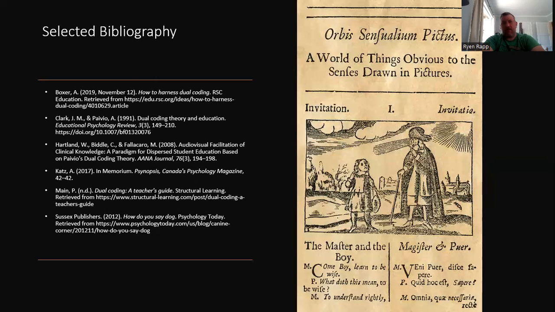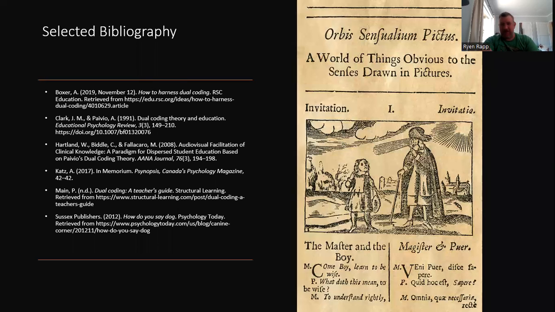You'll see the obituary is in there that I used. I also used a couple other things. But the most important thing I wanted to show was that in the article, the Clark and Paivio article from '91, I took this picture. That's the Orbis Sensualium Pictus. It's an old book.